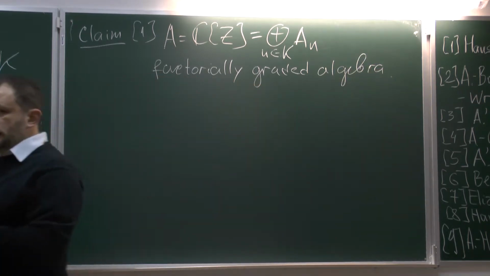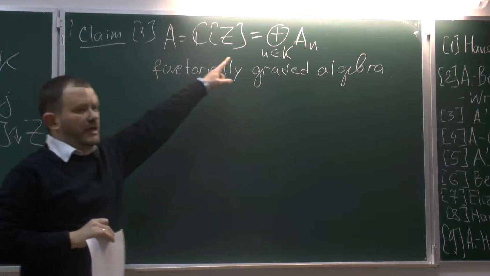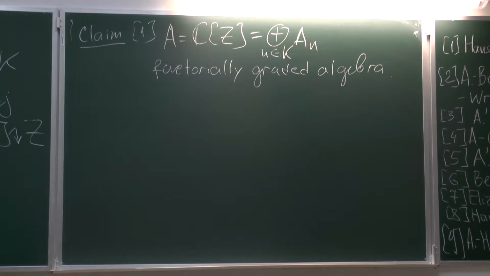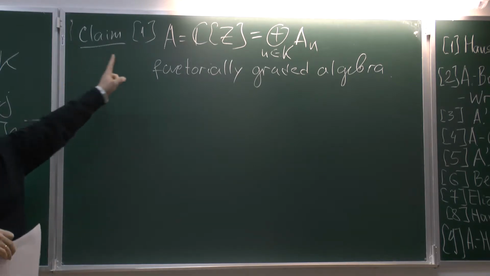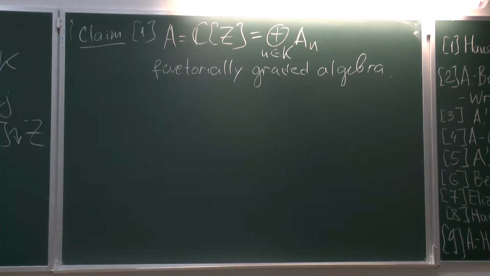It means that it is factorial on the level of homogeneous elements. So if I take any homogeneous element in this algebra, then it decomposes in a unique way into a product of homogeneous indecomposable elements. Or, in other words, if you consider the semigroup of homogeneous elements, you forget about addition, consider only multiplication, then this is a semigroup with a unique decomposition into products. So this is quite a useful algebraic property.